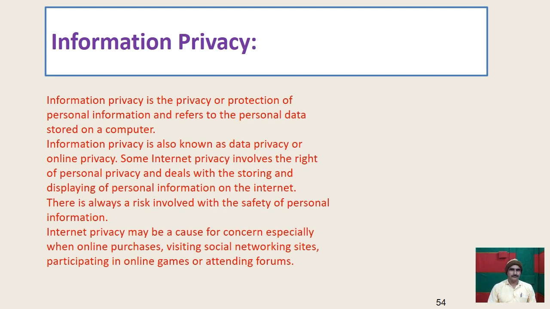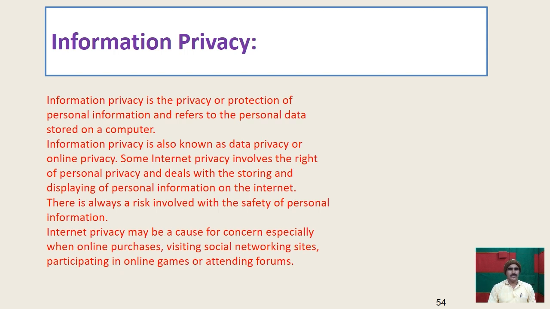Information privacy. Information privacy means the protection of personal information, and it refers to the personal data which is stored on the computer system. Information privacy is also known as data privacy or online privacy.